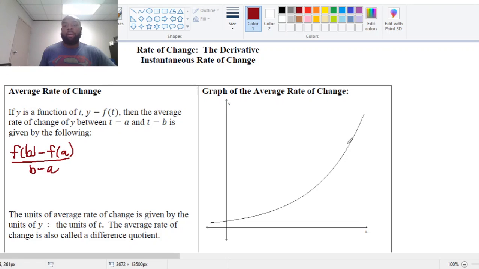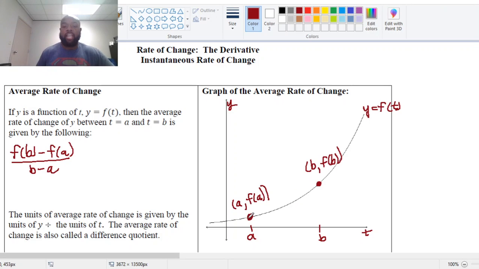And so if we think about a graph, if this is our function y equals f of t, and this is my t-axis, and this is my y-axis here, then if I know that a is here and b is here, then when I calculate that average rate of change for this nonlinear function, this point right here is a, f of a, and then I go up to my function here and find the point with that t coordinate b, f of b.